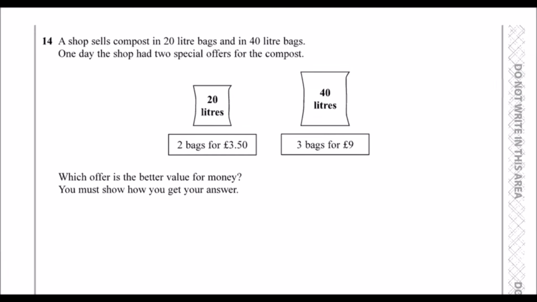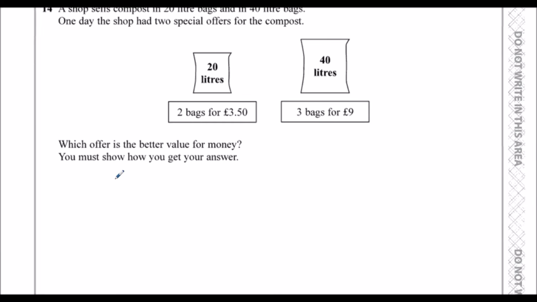Question 14. A shop sells compost in 20-litre bags and 40-litre bags. One day the shop had 2 special offers for the compost. So for the 20-litre bags, we're getting 2 bags for £3.50. And for the 40 litres, we're getting 3 bags for £9. Which offer is better value for money? So 2 bags of 20 litres. 2 20s are 40 litres.